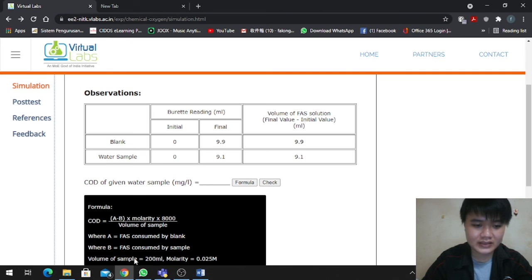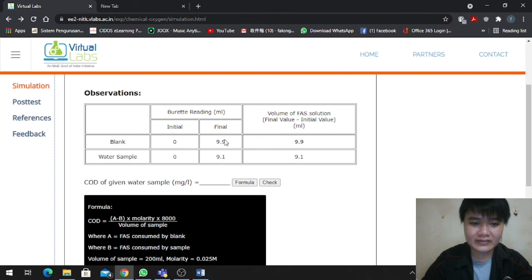Volume of sample is 200 milliliter. Molarity is 0.025 molar. The volume of FAS solution is final value minus initial value.